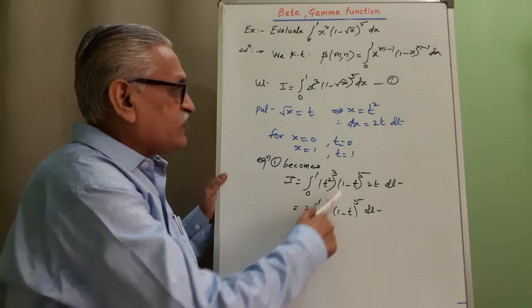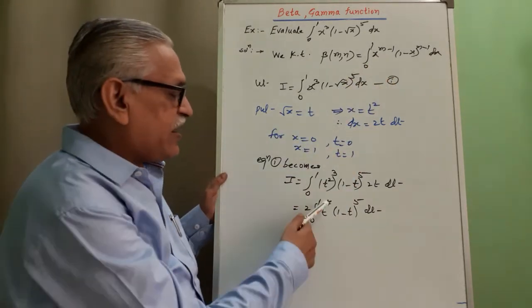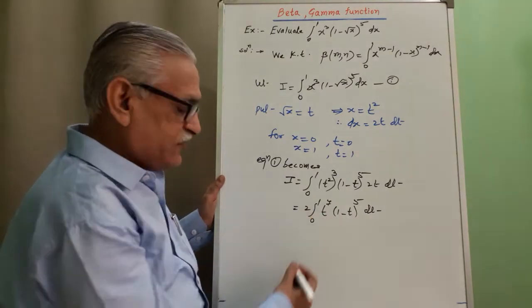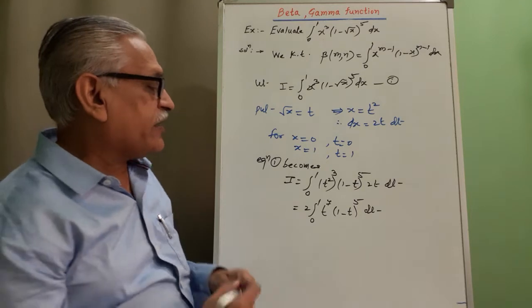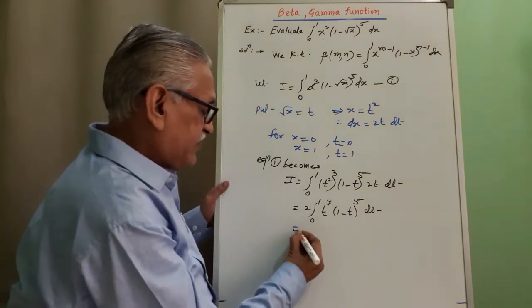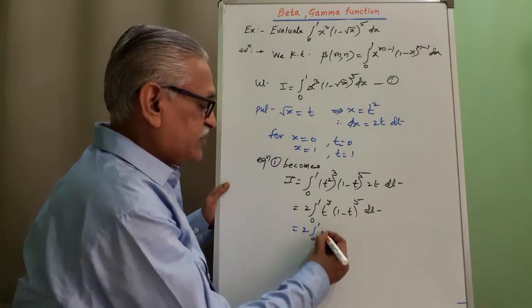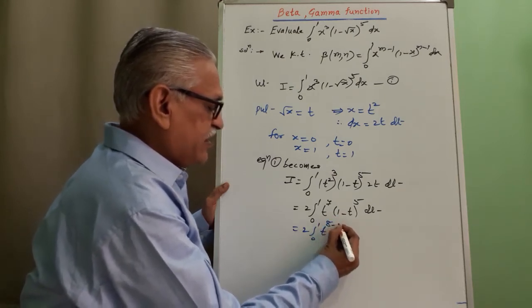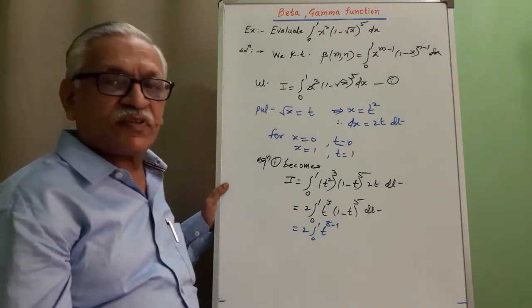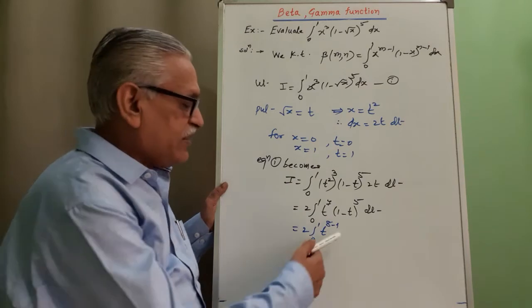We try to rewrite this in the form of the definition of the beta function by adding 1 and subtracting 1. I can rewrite this as 2 times the integral from 0 to 1. This t raised to 7 we can write as t to the 7 plus 1 minus 1, that is 8 minus 1.